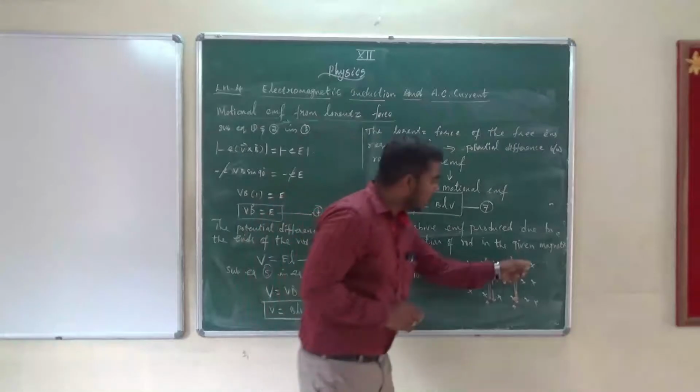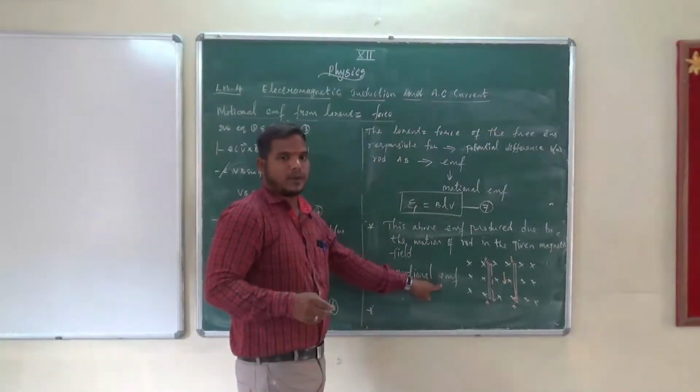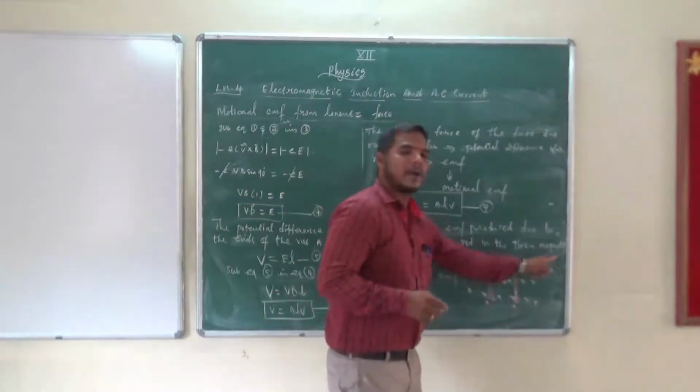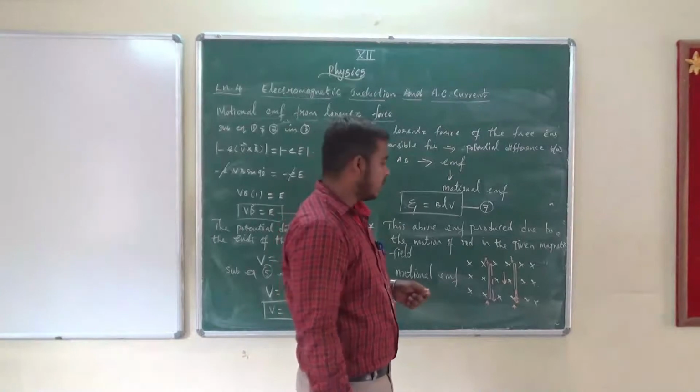Due to the rod moving, they produce what? Motional EMF. Where do they move? In the magnetic field. How? Towards the right in the magnetic field.